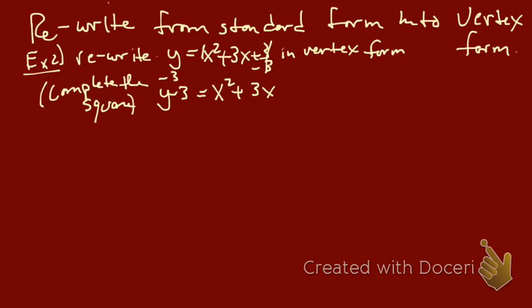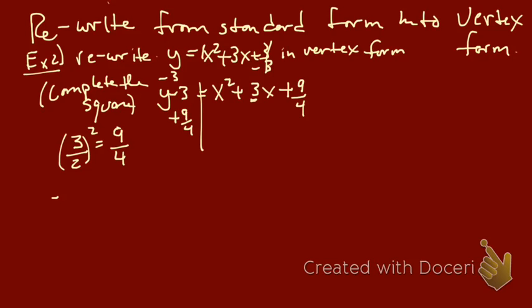The same way I did before, I take the b value, 3, cut it in half, and square it, and that's my perfect square number, 9 over 4. And I have to add that to both sides. So very similar to what we did before. I'm going to add 9/4 to both sides. Here I have to, on the left, do negative 3 plus 9/4.